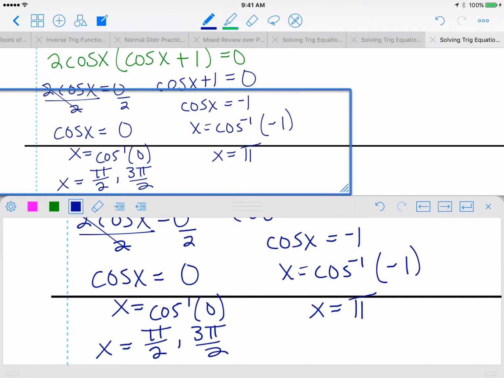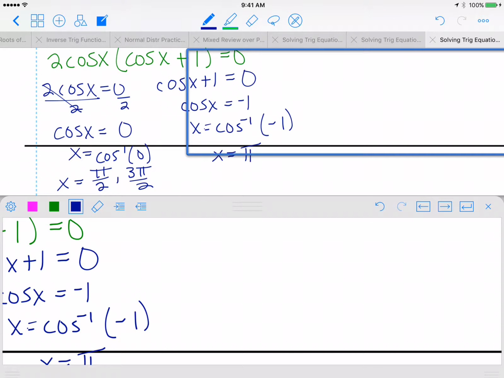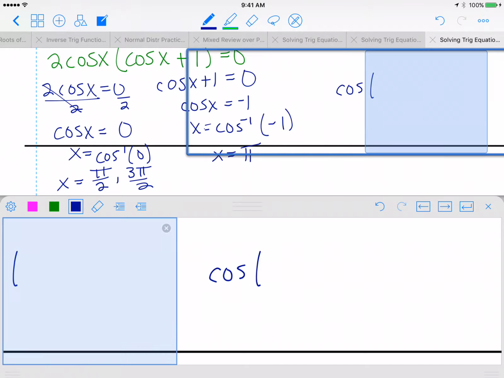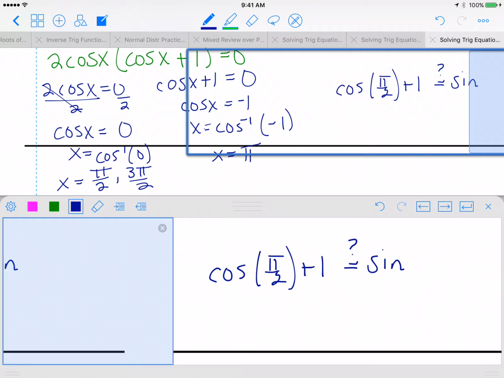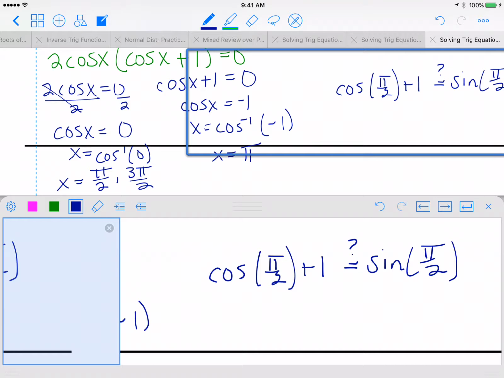Let's go look at it: is cosine pi over 2 plus 1 equal to sine pi over 2? Cosine of pi over 2 is 0, plus 1. Does that equal sine of pi over 2, which is 1? So 1 equals 1. So yep, that works.